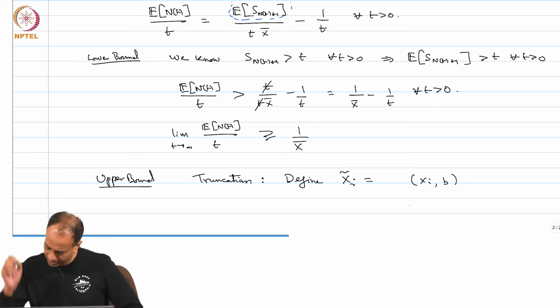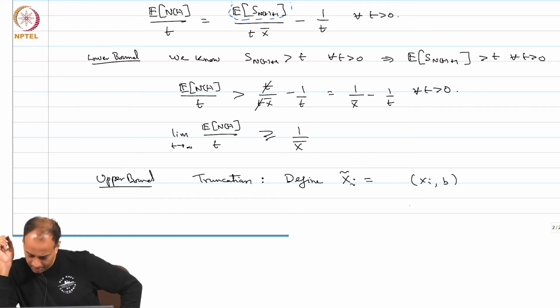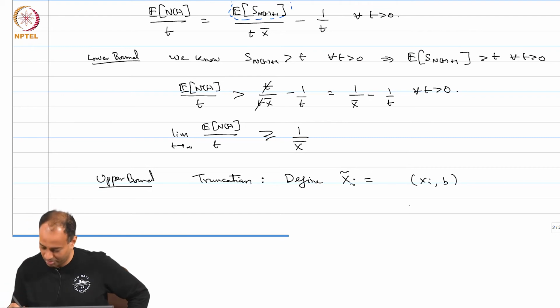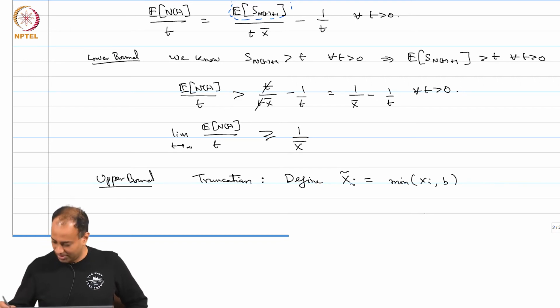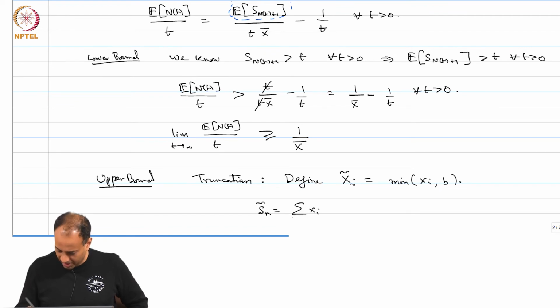I want it to be X_i when X_i is smaller than b, and b when X_i is bigger than b. I always have this confusion, min or max, but this is what I am defining. Likewise, I define S_n tilde as the sum over i equal to 1 to n of the tilde variables.